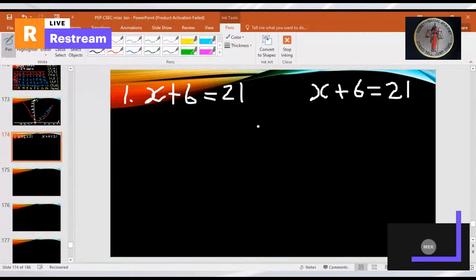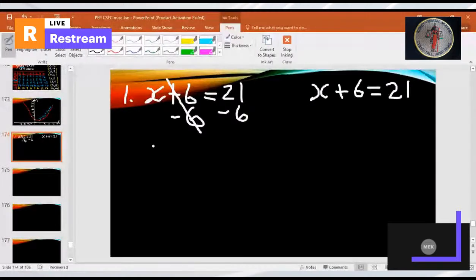So x plus 6 equals 21. The variable is x and it's by itself. It's already on the left, so that's good. We want it to stay on the left. So that means we need to get rid of the 6. We're adding 6, so the opposite of that is to subtract 6, and that would give us 0. But we have to subtract 6 on the other side as well so that the equation doesn't change.